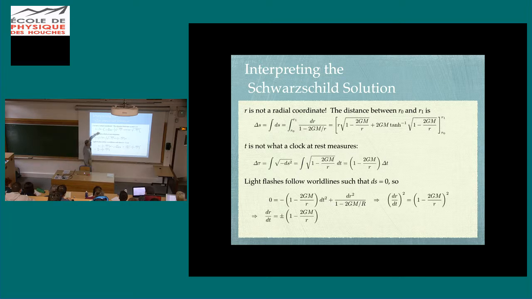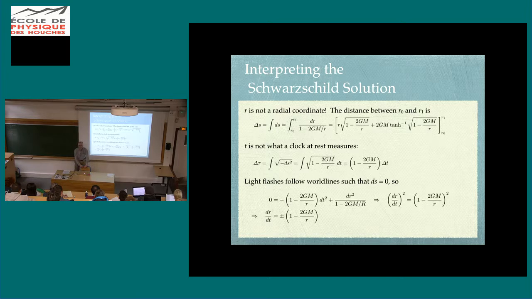And the reason that it's not a radial coordinate is that if I take a purely radial curve, dt equals 0, d theta equals 0, d phi equals 0, the metric tells me that the distance between a sphere with coordinate r0 and a sphere with coordinate r1 is this.